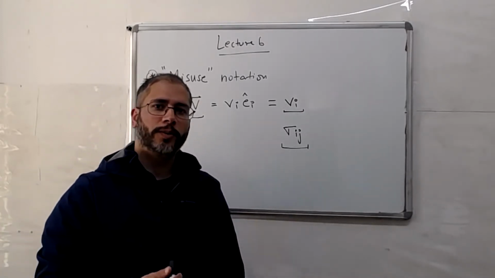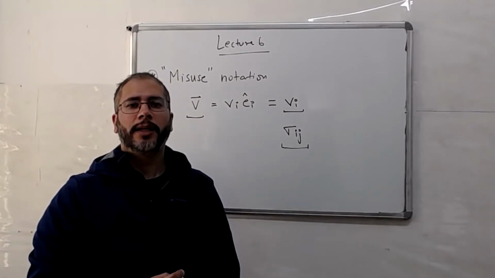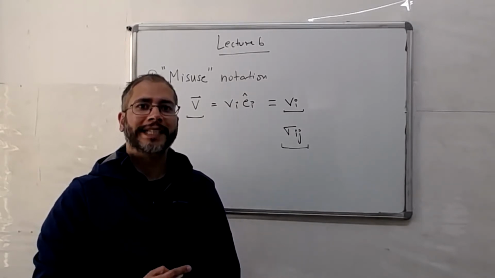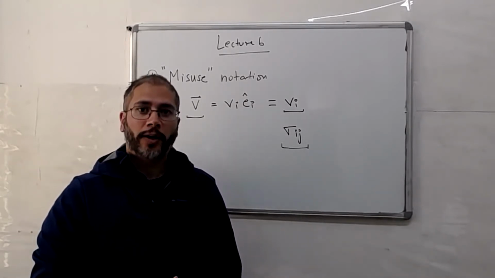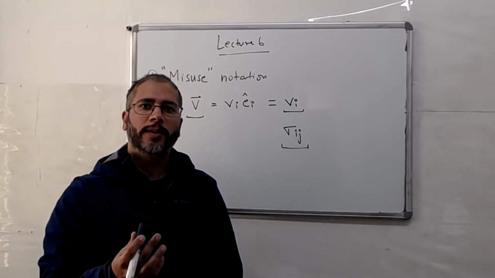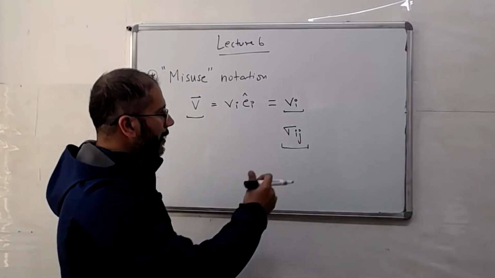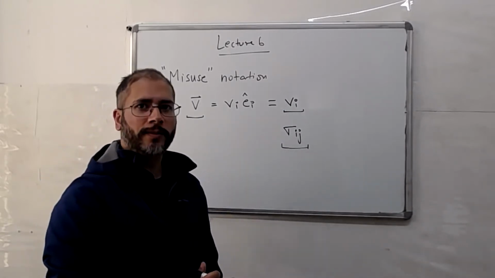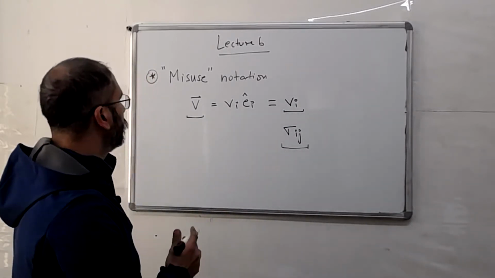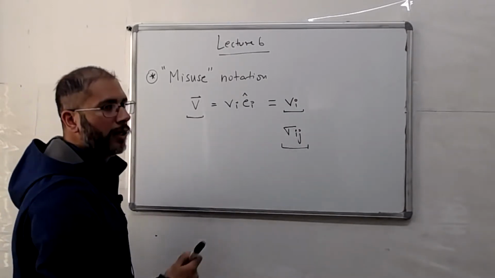You would argue that sigma ij is just one of the components of the second order tensor sigma, where i and j will take certain values, but we tend to write sigma ij altogether as the whole second order tensor. So that is the reason it's called a misuse notation, because it's confusing in many cases.